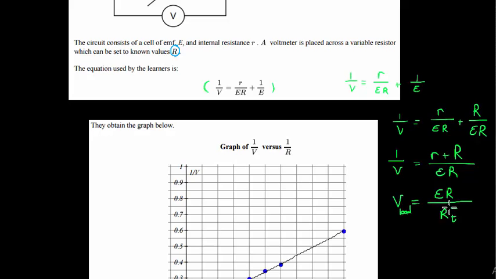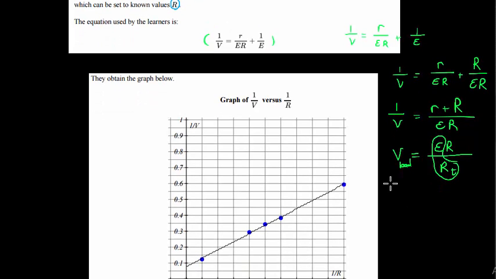Now you'll notice this together, that's total volts divided by total resistance. That gives me total current. So the voltage over the load is equal to total current times external resistance.